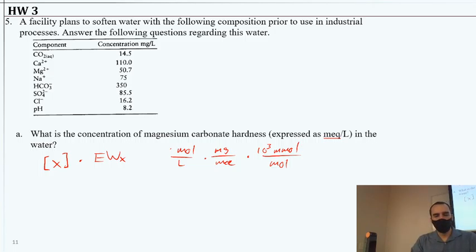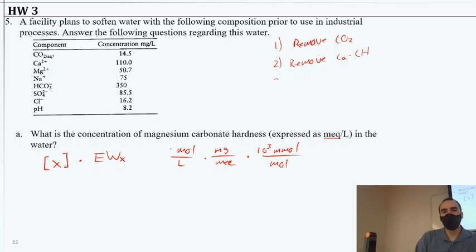At any rate, what I wanted to show you is if we consider the plot or the 5 equations in the book: first remove the CO2, and then remove essentially the calcium carbonate hardness, and then remove calcium non-carbonate hardness if you have it.